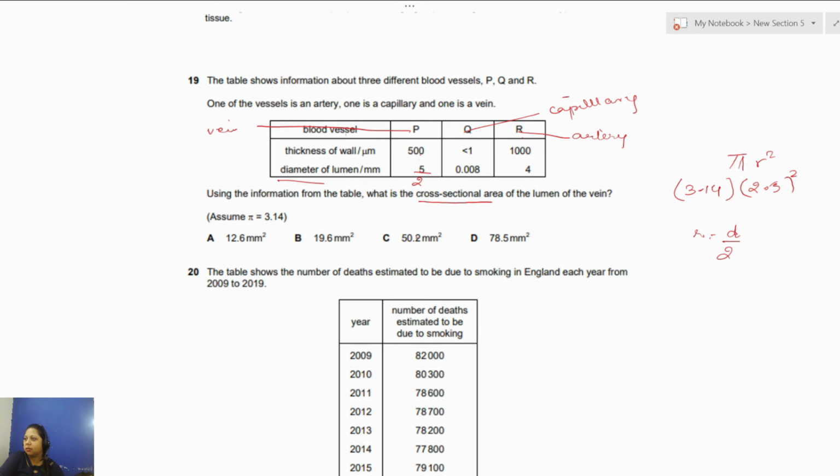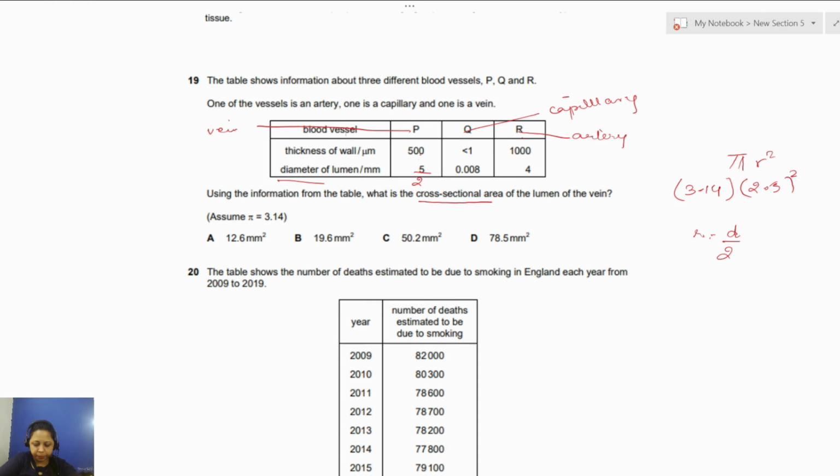What is your answer? Radius is equal to D by 2, diameter by 2. Wait, 2.5. Let's do it. It's 3.14 multiplied by 2.5 square, right?